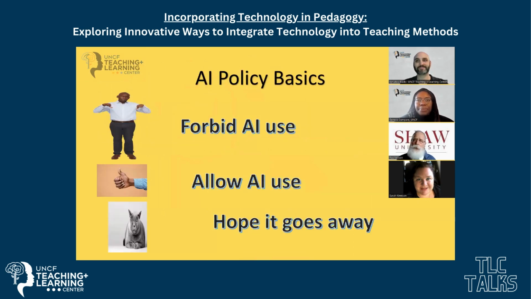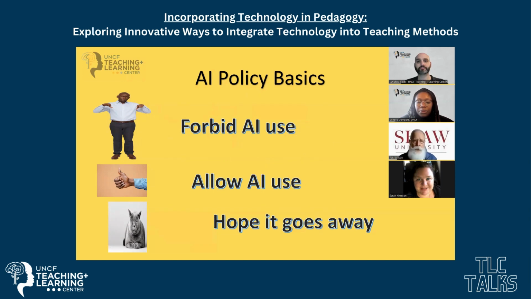The first thing we want to talk about is AI policy basics. Beginning in fall, I was searching, like many, regarding what the policy was. In my search to understand more about AI, and in attending many workshops and presentations, I find this general approach: there is the forbidding of AI, as some of my colleagues said they wanted to do.